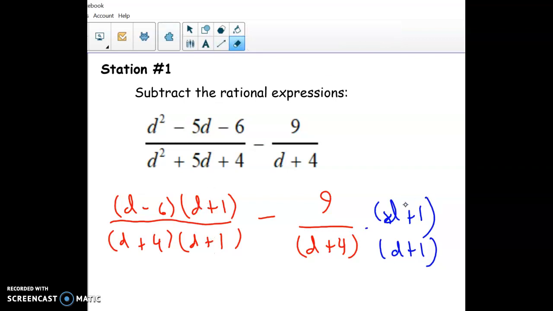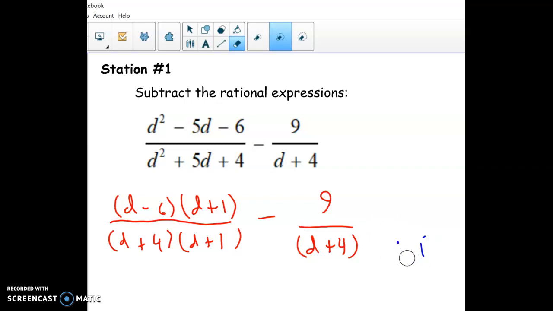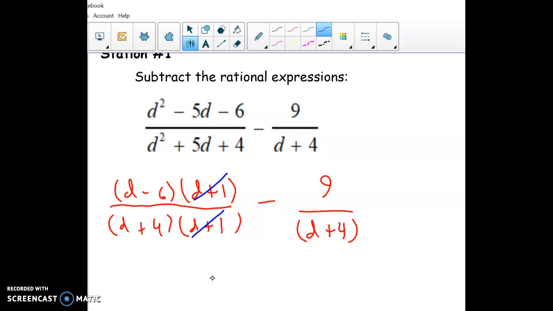So I don't even need to do this over here. Instead, if I cancel out the d plus 1's in the other fraction, now I have everything over d plus 4. I have d minus 6 over d plus 4 minus 9 over d plus 4.